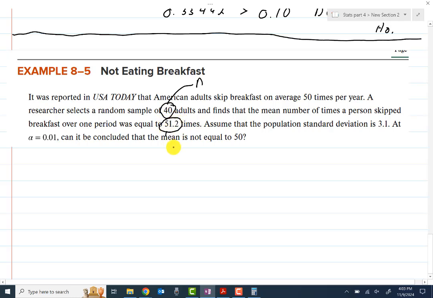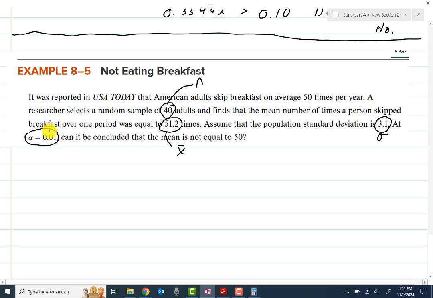So that's going to be our x bar. So we see that we do have some evidence that it might be greater. Assume that the population standard deviation is 3.1. At alpha equals 0.01, can it be concluded that the mean is not equal to 50?